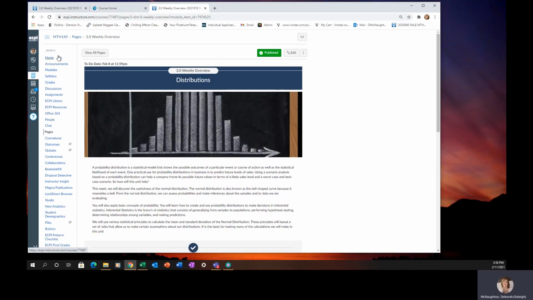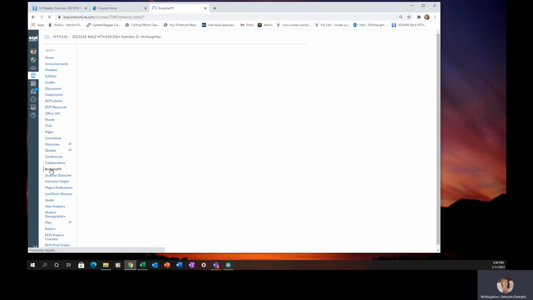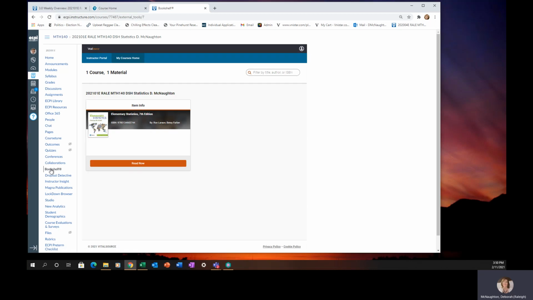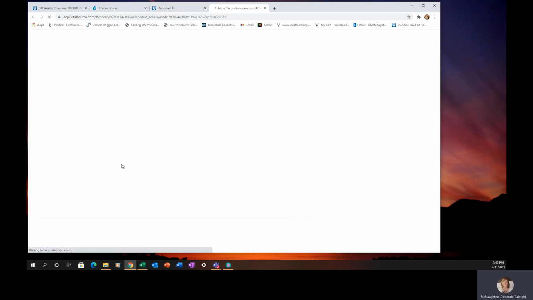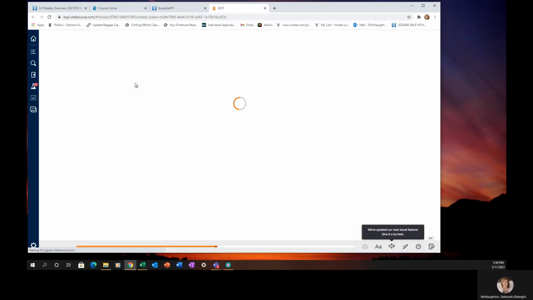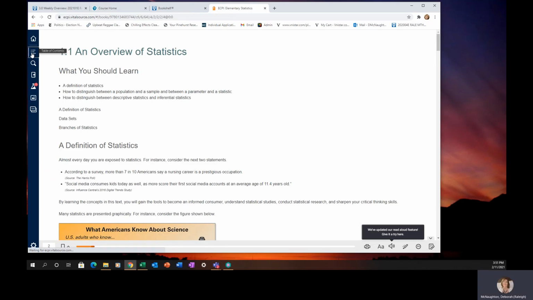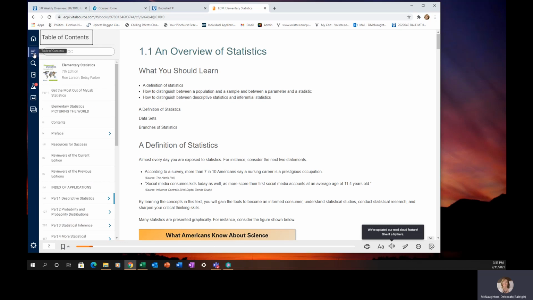Okay, so I am going to open up our textbook, and the Z tables are in the appendices of the textbook, and they are in Appendix 4. So let's go ahead and open up our textbook. And then if we click on the table of contents, we can go to the appendices.